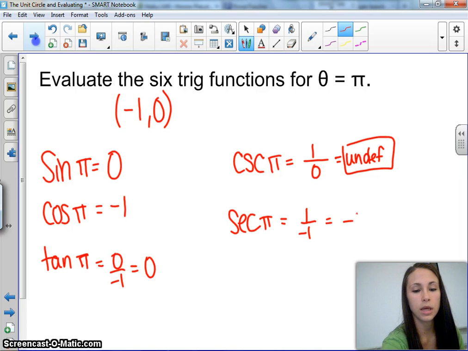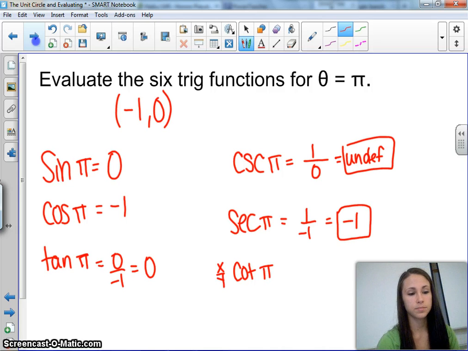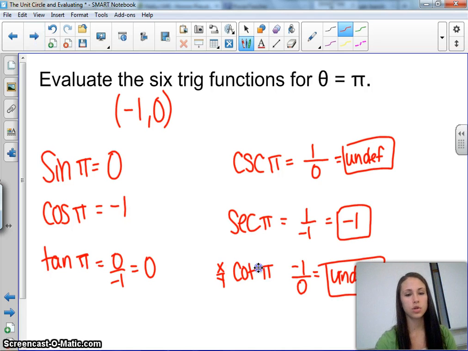So that's just going to be negative 1. And then the cotangent at pi would just be the x over the y, which would be negative 1 over 0. And so the cotangent would also be undefined. And so then those are our 6 functions for pi.